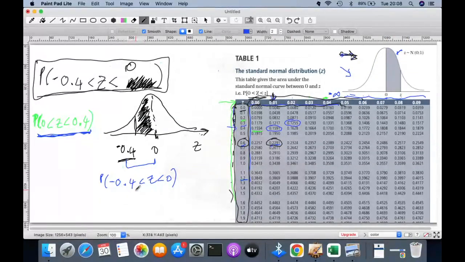So I rewrite it using the symmetrical part, the area from 0 to its positive z value. If I can find this blue area, that is the exact same thing as this black area I was asked for. So that's the same thing as z going from 0 to positive 0.4.